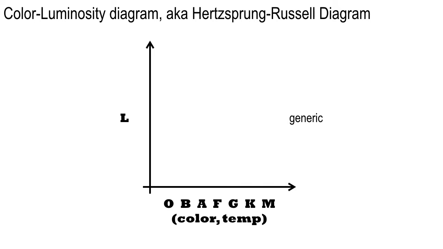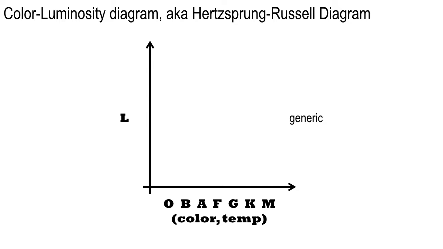And just to remind you, the horizontal scale is basically the color or the temperature, and there's zillions of different ways to express that on a chart. You guys are using the spectral types O, B, A, F, G, K, M, and each one subdivided from 0 to 9.